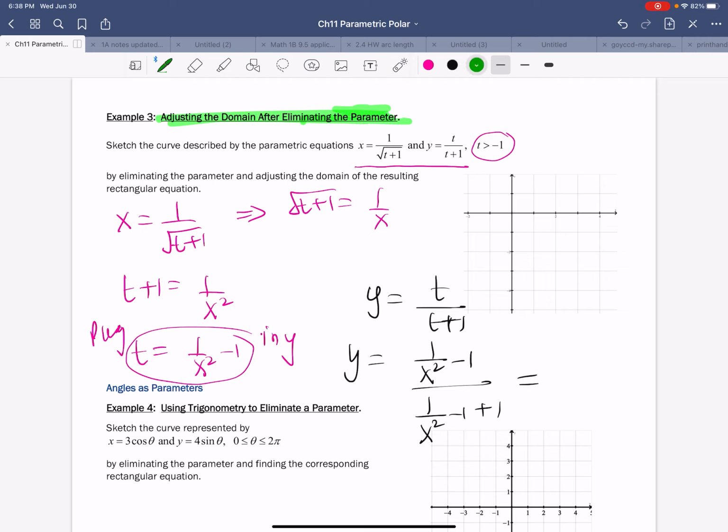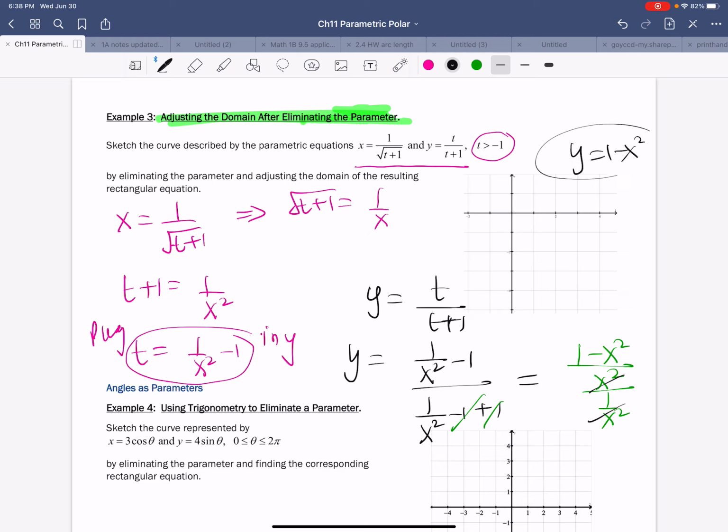The denominators are going to be gone. That would be y is equal to (1 minus x squared) over x squared, over 1 over x squared. So we can cancel this and we'll be left with y is equal to 1 minus x squared.